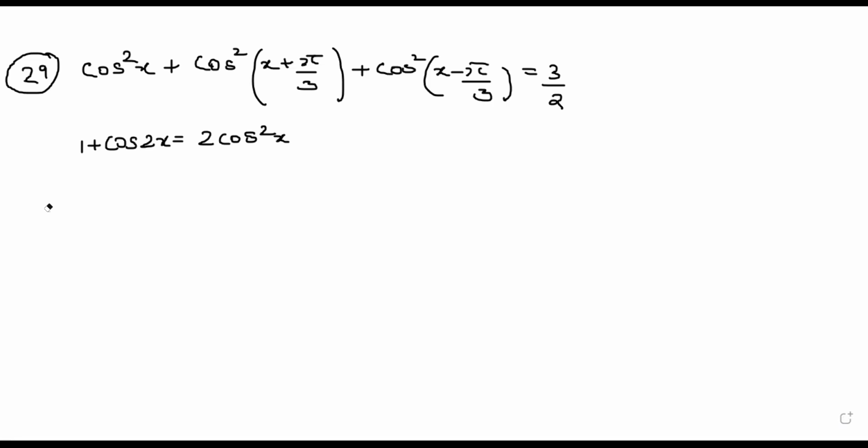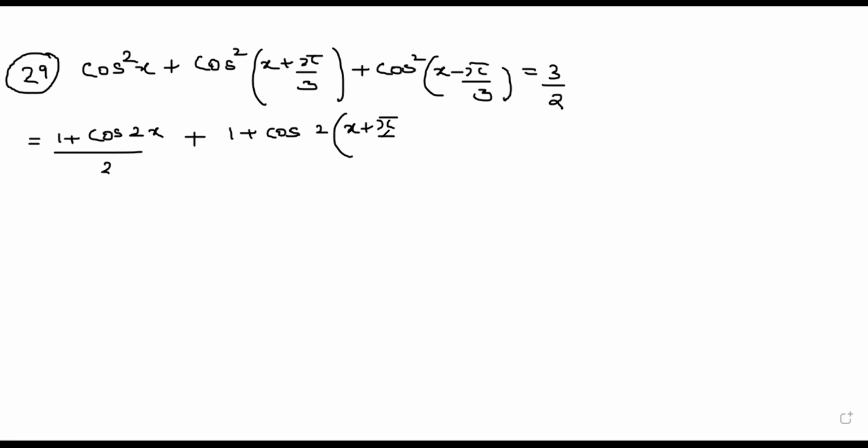Okay, sir. Okay, so this will become 1 plus cos 2x by 2. Now plus, this is the angle, so again we can say 1 plus cos 2 into x plus pi by 3, by 2.